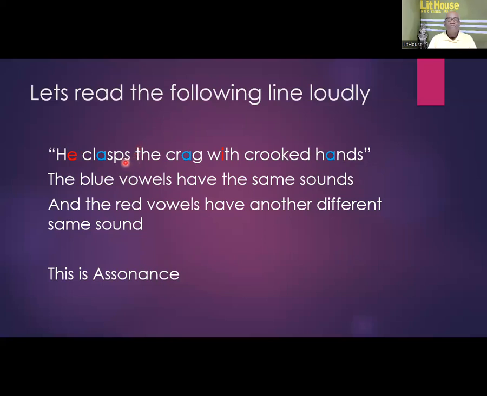A, produced by this A. This is assonance. He, with. Here an E sound and here an E sound, produced by different vowels, no matter. We don't consider the letter, we consider the sounds. That is also assonance.